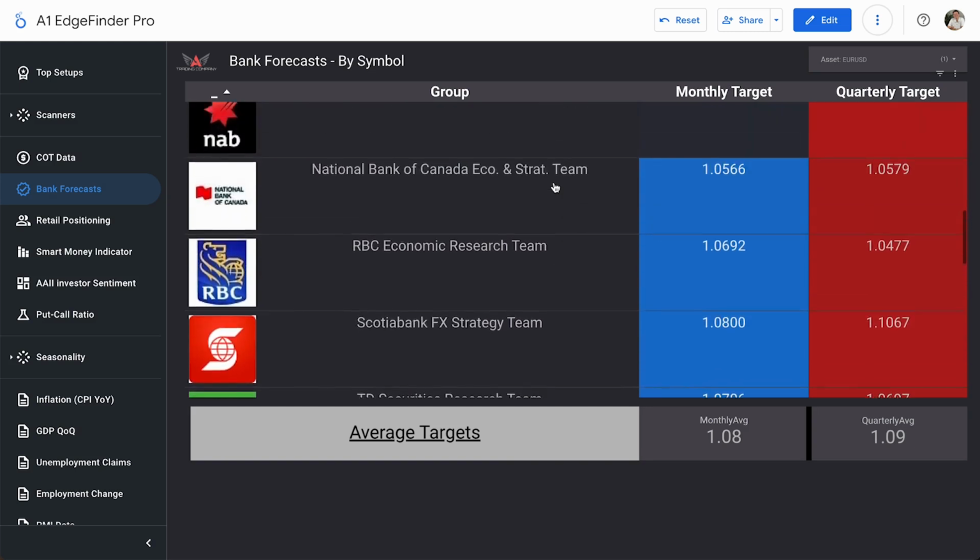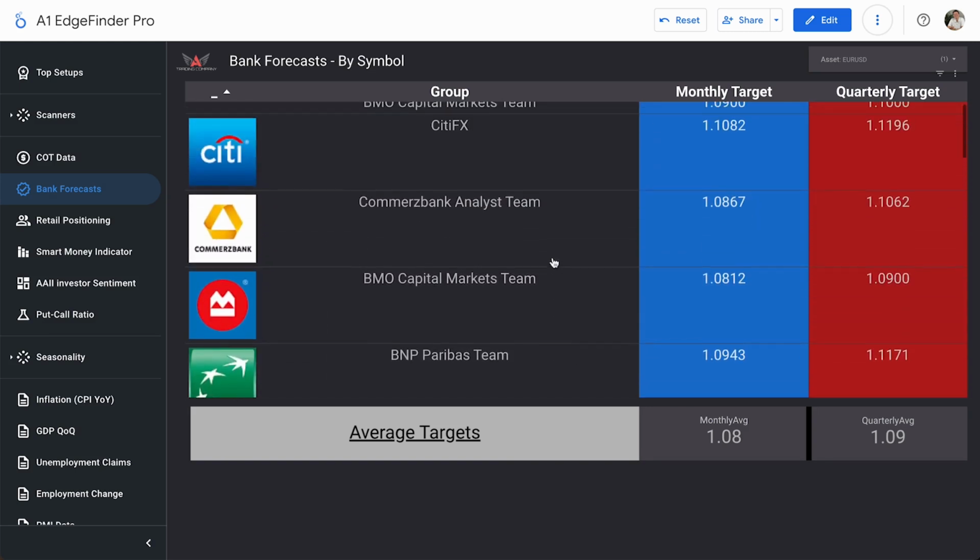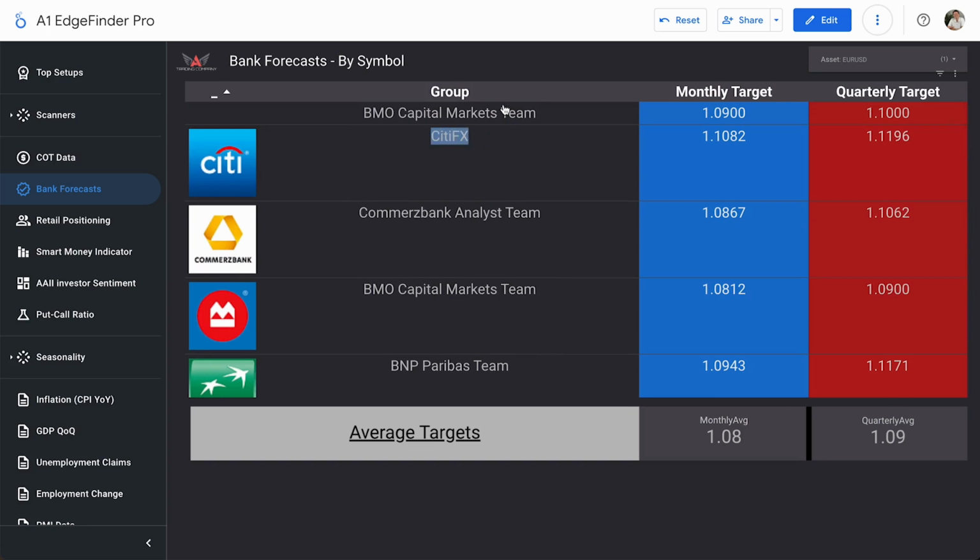So, for example, if you were a big fan of Citibank, and you wanted to know what Citibank analysts thought, where they thought Euro USD price was heading, then you can pay attention to that. But if you want the sum of all of this information together, we're looking at this monthly average right here.